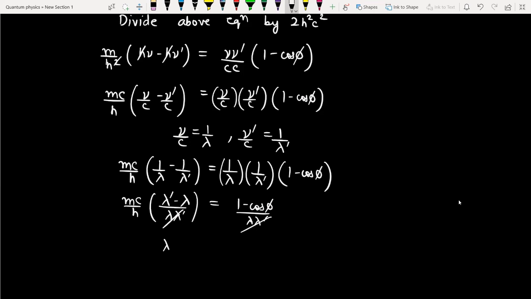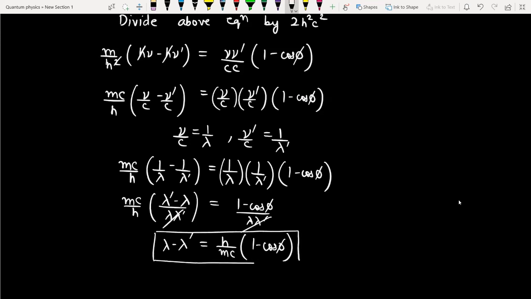You get lambda minus lambda prime as h over mc times 1 minus cos phi. So this is the expression of change in wavelength that you get.